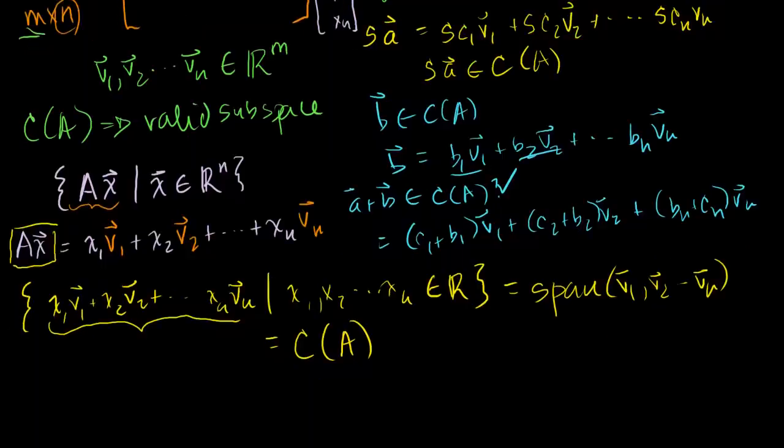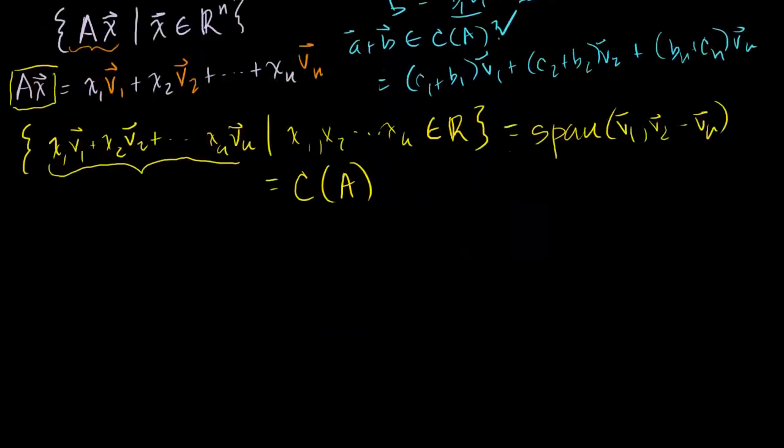So let's think about it this way. Let's say that I were to tell you that I need to solve the equation Ax is equal to, well, the convention is to write a b there, but let me put a special b there. Let me put b1. Let's say that I need to solve this equation Ax is equal to b1. And then let's say that I were to figure out the column space of A, and I say b1 is not a member of the column space of A. Then what does that tell me?